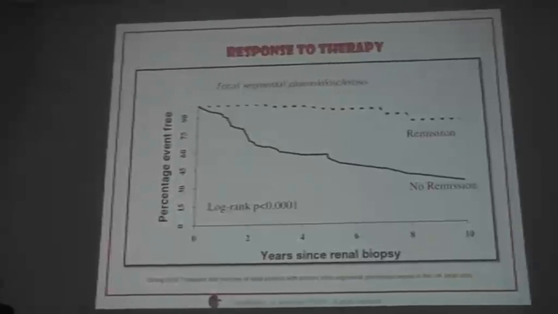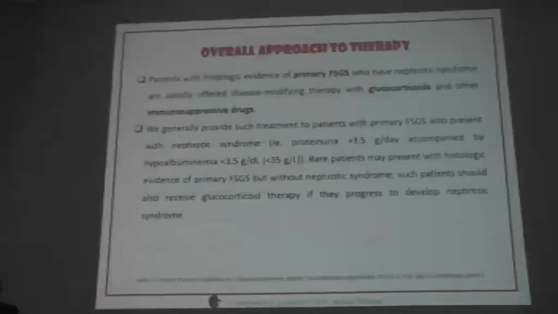Regarding the percentage of event-free patients among those with remission or non-remission, of course, the patient who remits earlier has a minimal frequency of relapse or non-response in comparison to those who didn't respond from the start.